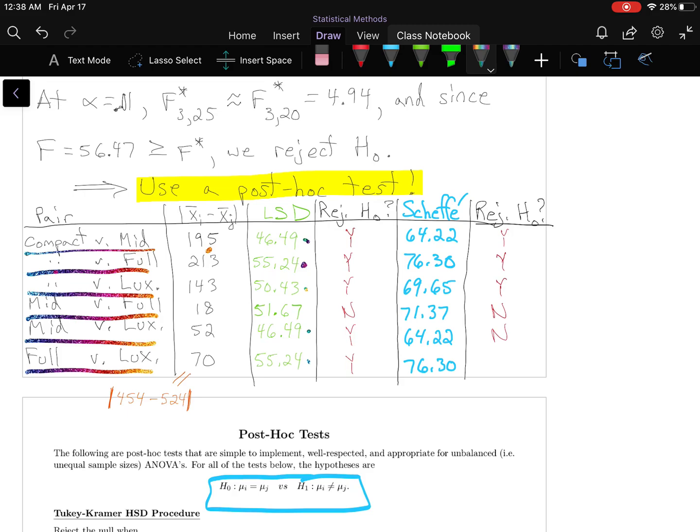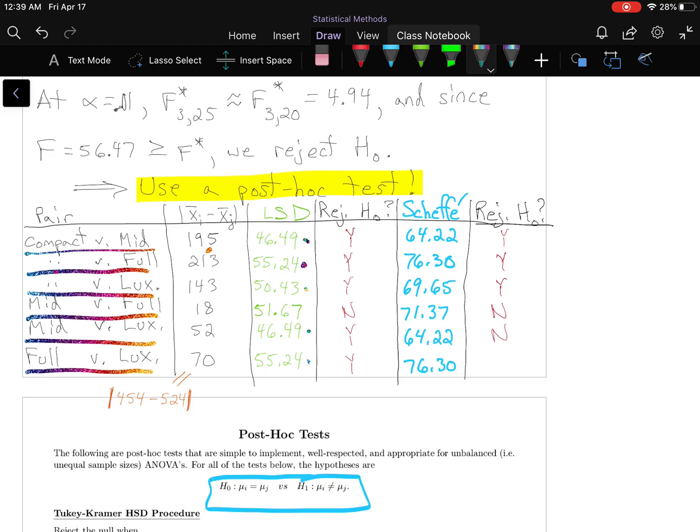So based on Fisher's least significant difference test, we find 5 differences. In fact, we can say that the mean pressure applied to the driver's side head during a car crash in a compact is significantly different from what is experienced in a mid-size, full, or luxury vehicle.